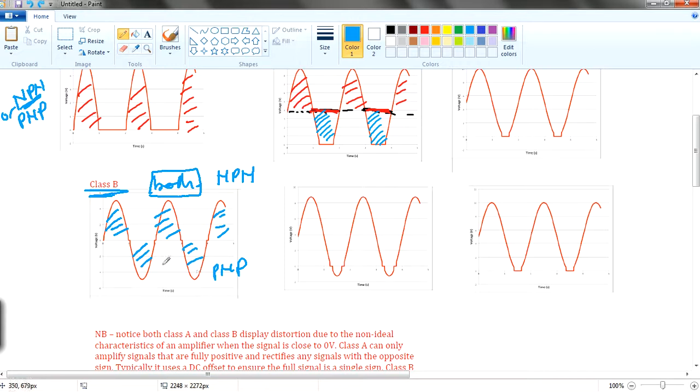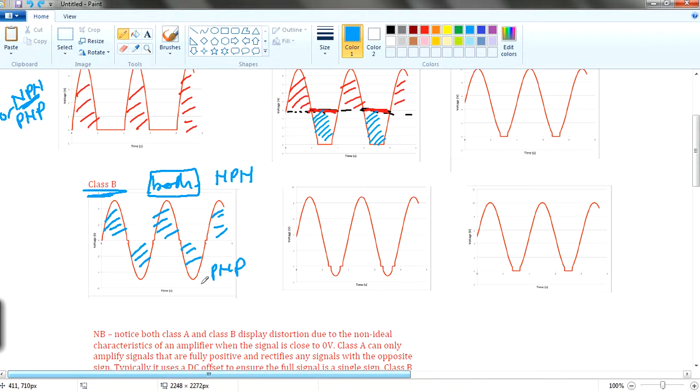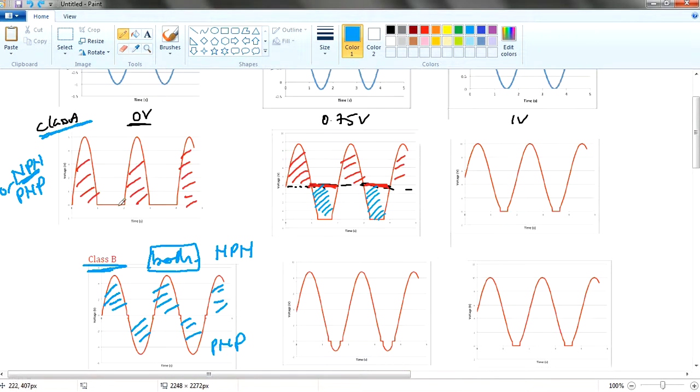NPN is working on one side, PNP is working on the other side, and then you flip it, and you can have a full voltage usage. But nonetheless, as you can see, the distortion here is not very big. The distortion here is a minority compared to this one.